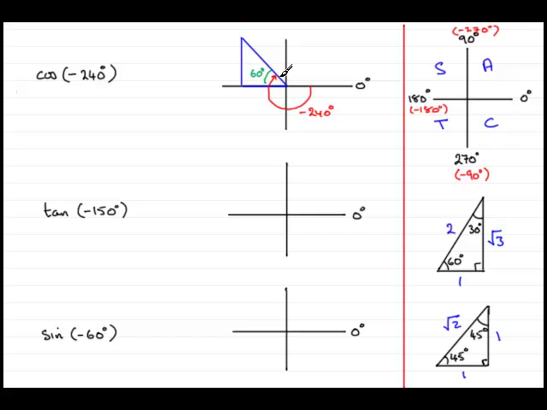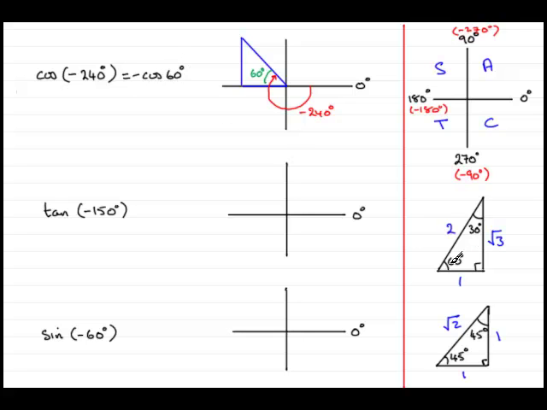So the cosine of minus 240 degrees is based on the cosine of 60 degrees. But in the usual way, we've got to remember that in this quadrant only sine is positive, so cosine would be negative. So this is the same as minus the cosine of 60 degrees. And what is the cosine of 60 degrees?